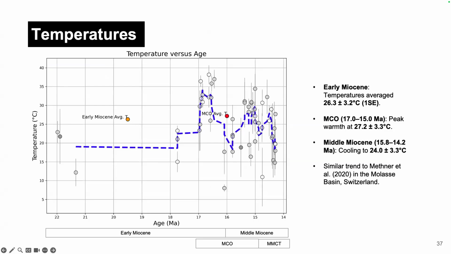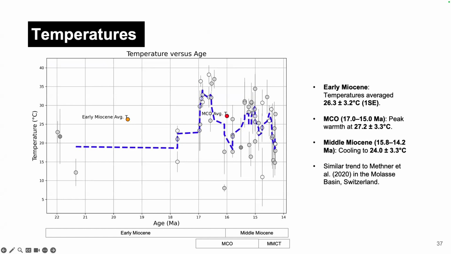Clumped isotope derived temperatures further clarify Miocene climate trends. In the early Miocene, temperatures average 26.3 degrees Celsius, peaking in the MCO at 27.2 degrees Celsius. By the middle Miocene, temperatures declined to 24 degrees Celsius, reflecting a cooling trend alongside increasing aridity.